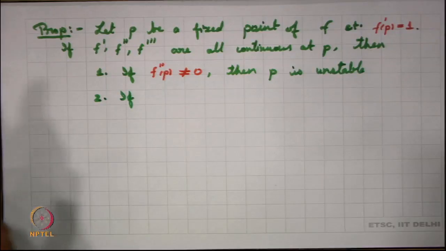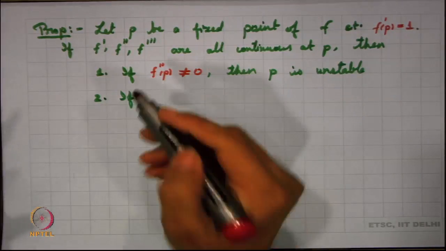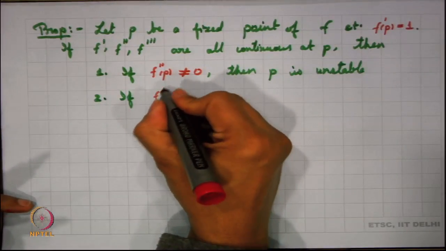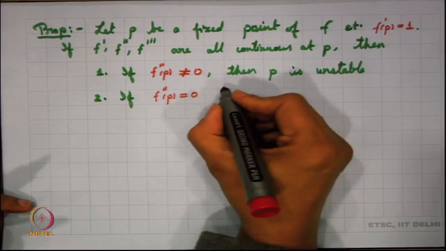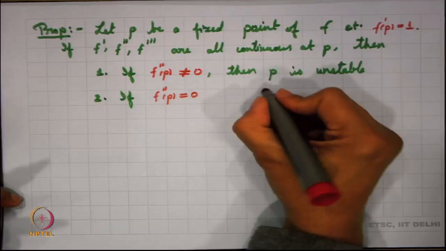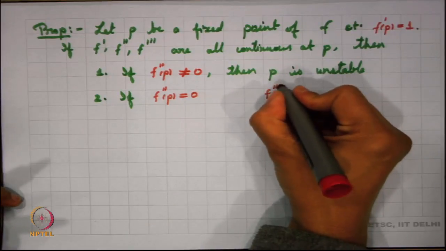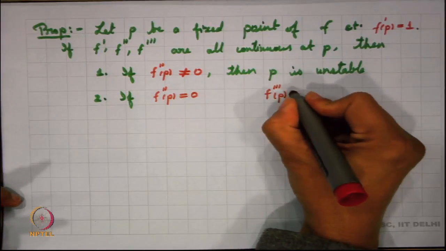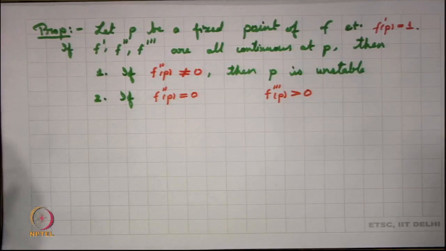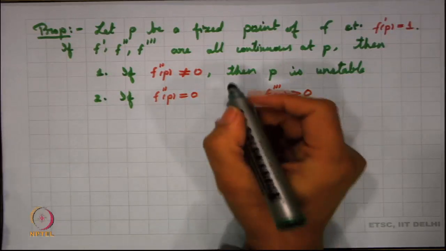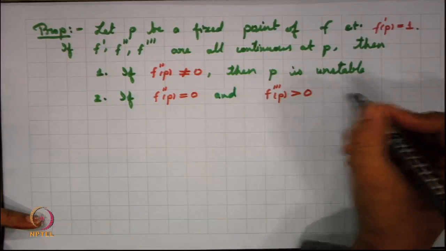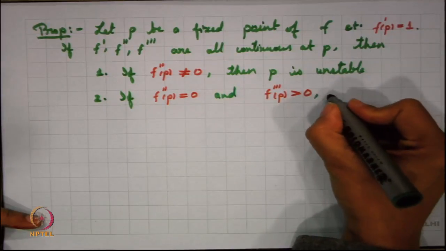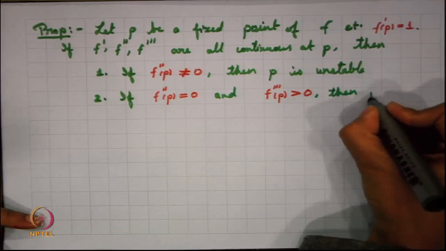Now, the second case comes up: what happens if f double prime p is equal to 0. If f double prime p is equal to 0 and f triple prime p is greater than 0, then p is a source.